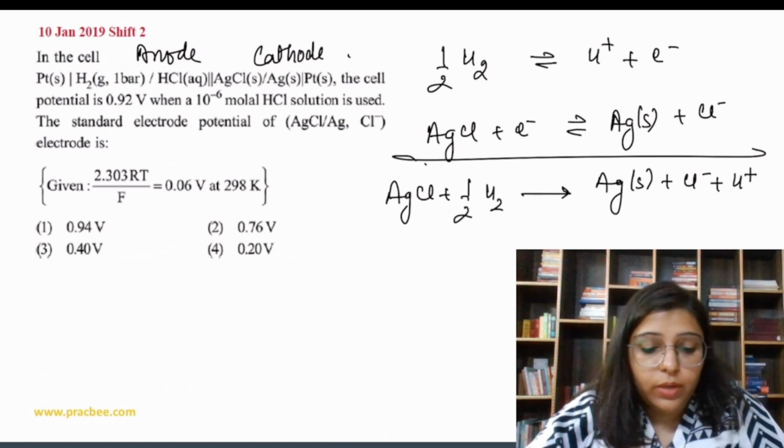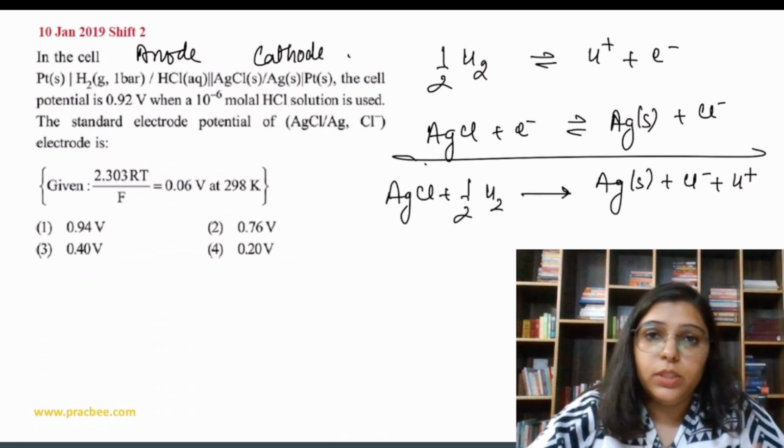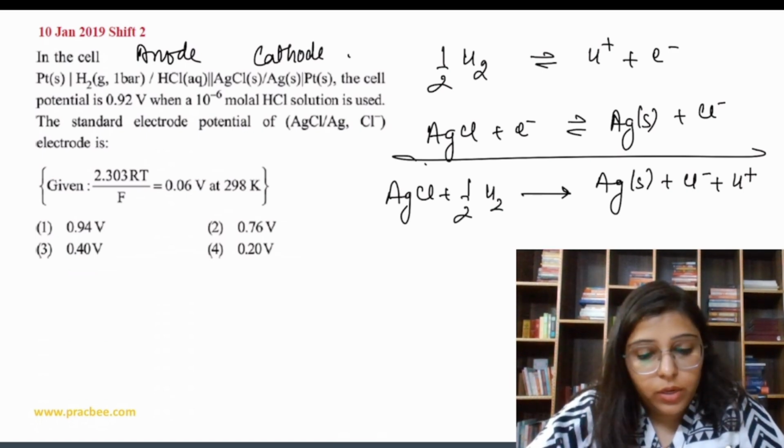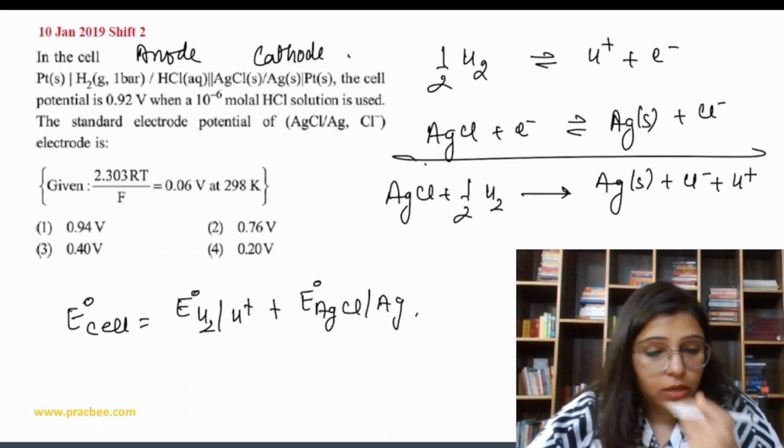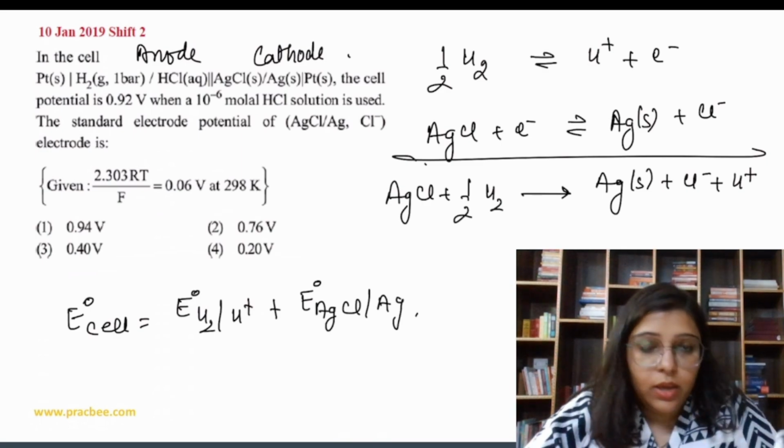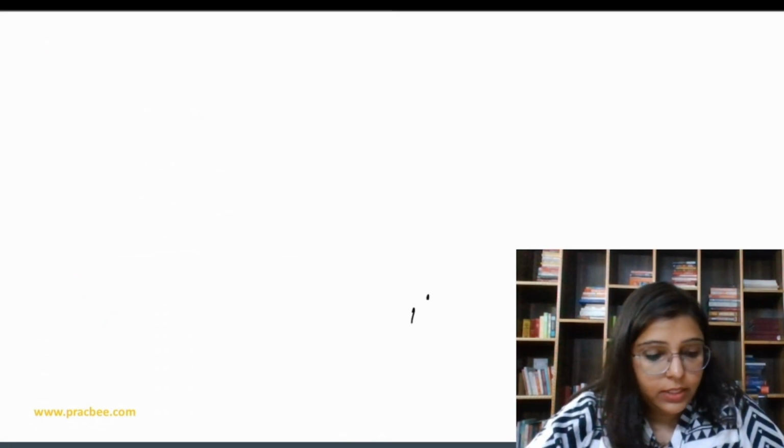Fine. So let's try to do this. We have to find out the standard electrode potential of AgCl, given the cell potential is 0.92. E naught cell is E naught H2 H plus plus E naught AgCl Ag and Cl minus.